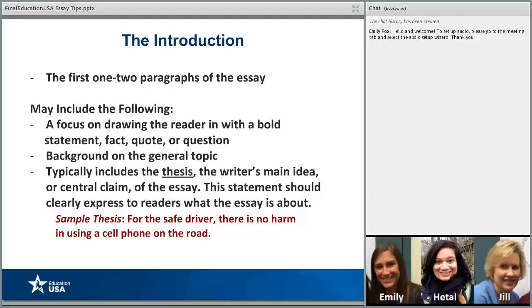Another point about this is if this student were writing a paper that said for the safe driver, you should never use a cell phone, that would be a weaker thesis statement because that's pretty much common knowledge, right? We know that it's safest to not be distracted while you're driving.